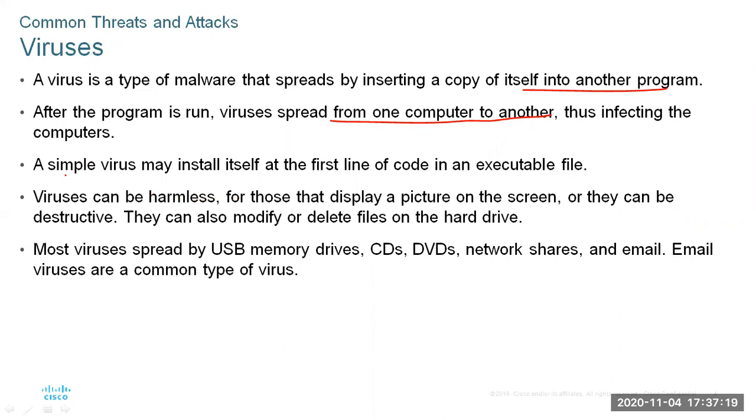So a simple virus may install itself as the first line of code in an executable file. An executable file is the file that runs programs, that executes programs or commands. Viruses can be harmless, for example ones that display a picture on a screen, or they can be destructive.